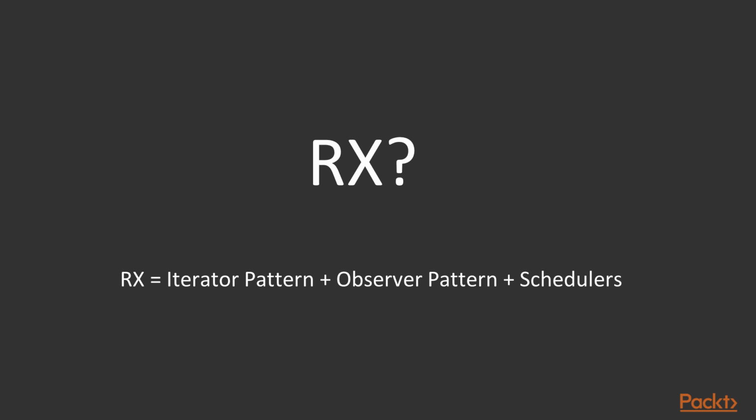Technically, Rx is a mixture of different patterns: the iterator pattern plus the observable pattern plus the scheduler. The iterator pattern is a design pattern that provides a way to access a collection of elements sequentially.